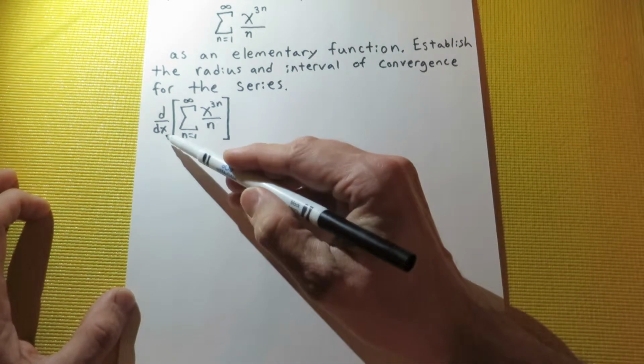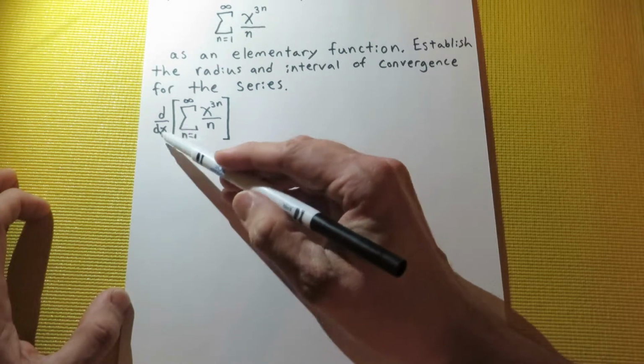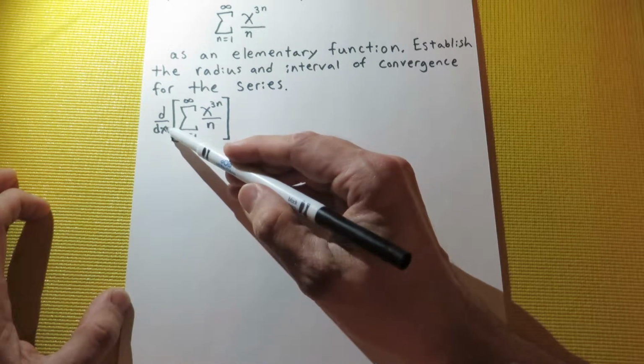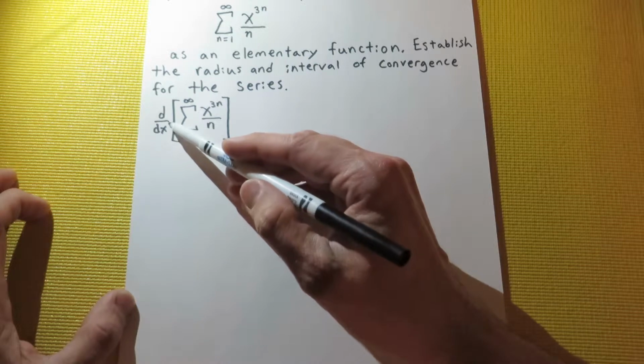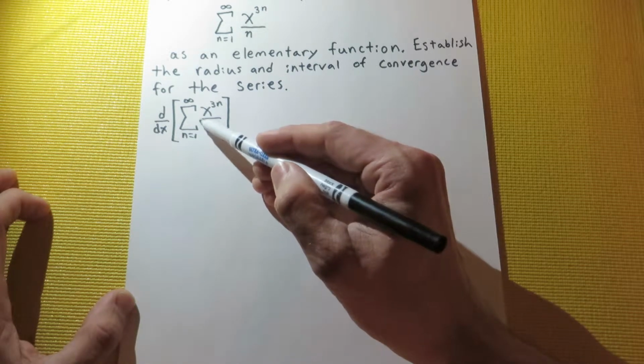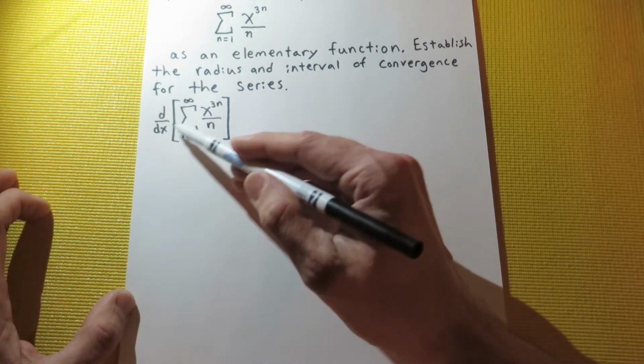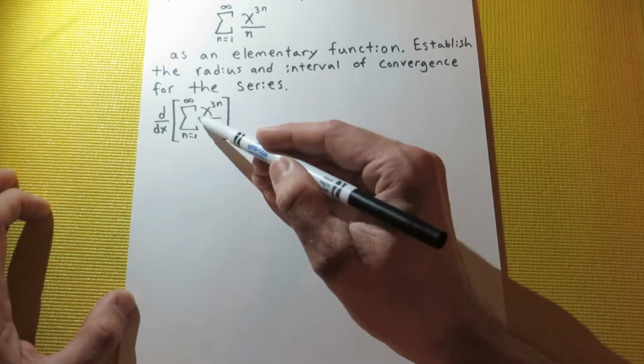Well, by definition, we know that we can put our d dx to the inside of the series here and treat it just like if it were a function or something.